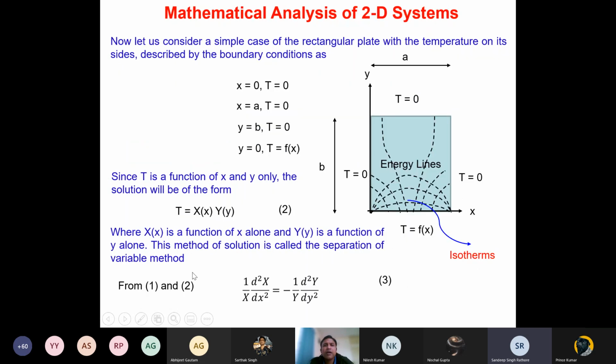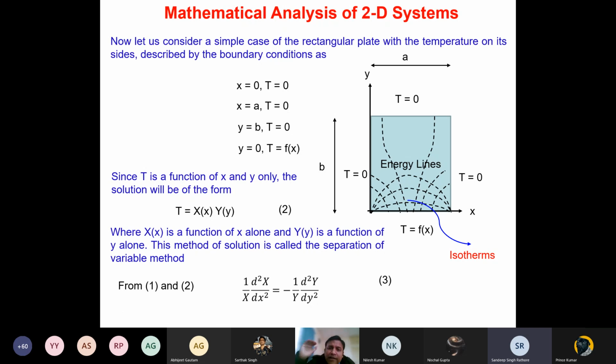In the method of variable separation, since T is a function of x and y only, the solution we are assuming is T equals X times Y, where X is only a function of x, whereas Y is only a function of y.